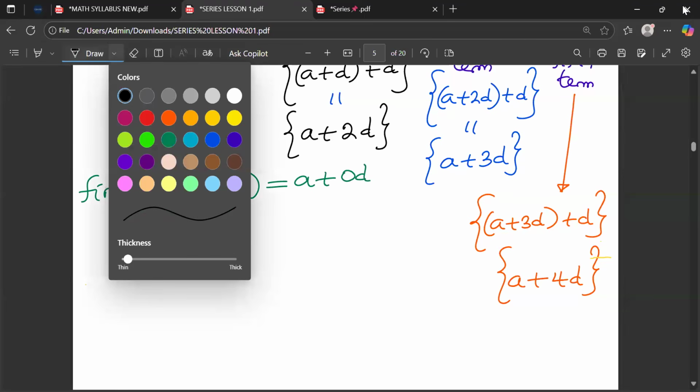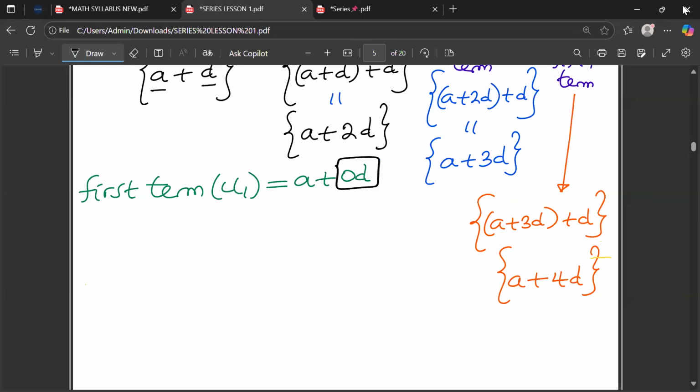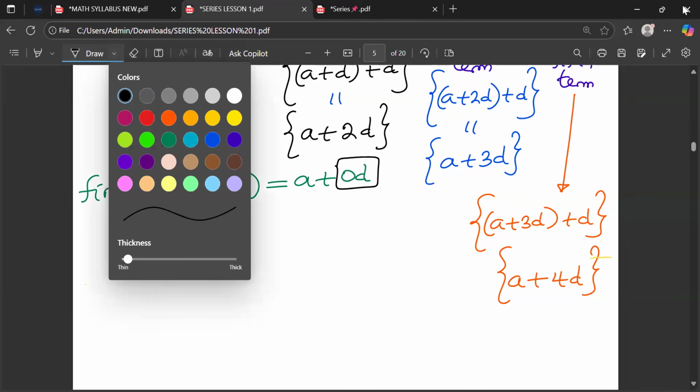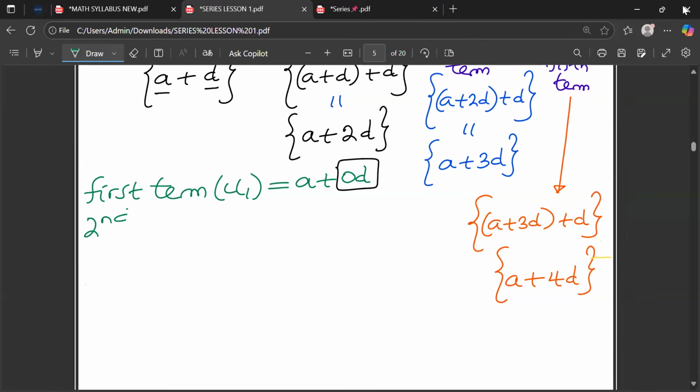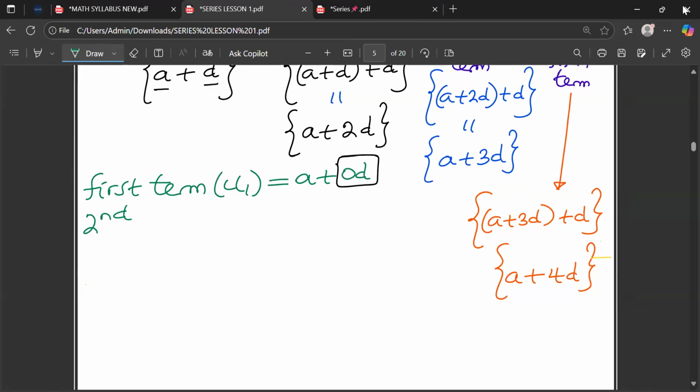So this 0D shouldn't confuse. It's like it was the first term with no common difference added. Then when we went to the second term, which is usually U2, we had A plus D.